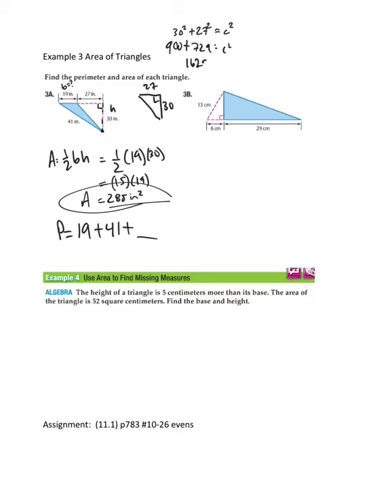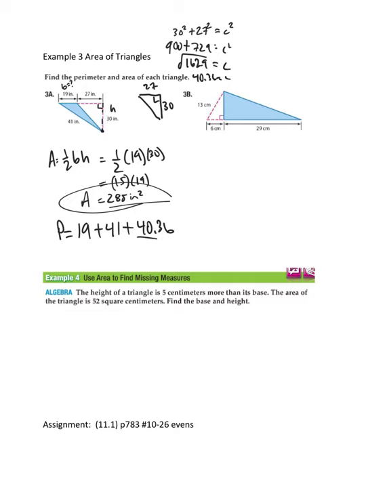So the square root of 1629 is going to be equal to c. I should have my scientific calculator here. This is throwing me off. So 40.36. 40.36 equals c.